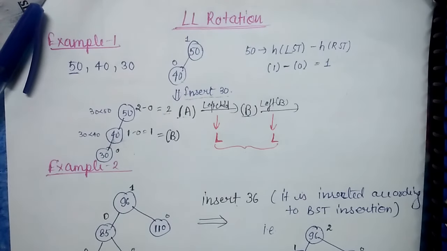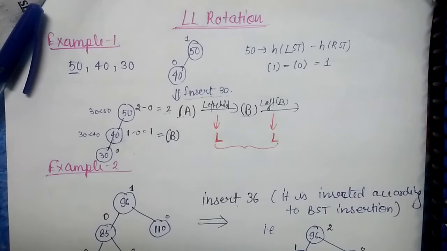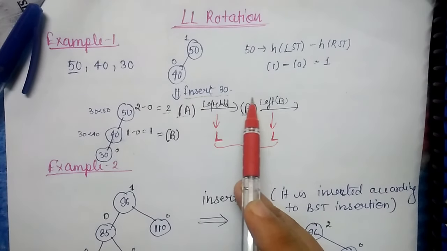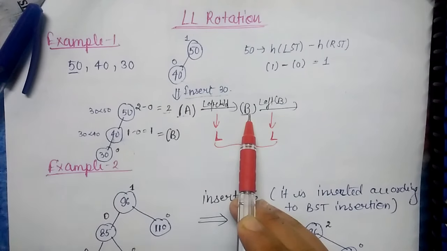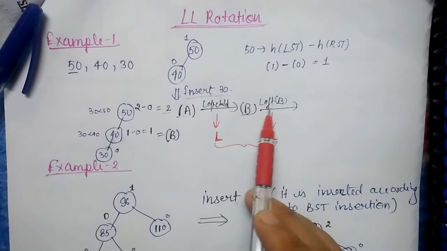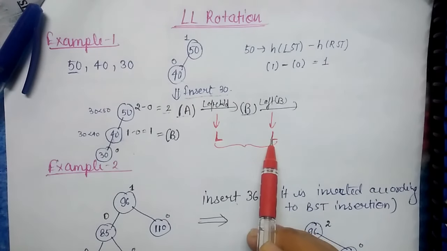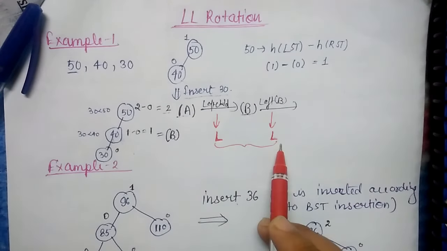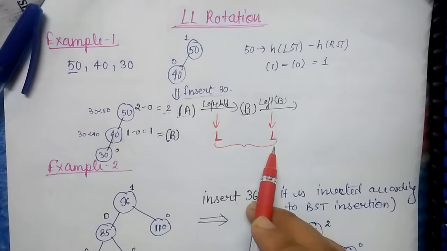The simple steps are: first find the affected node, and give it the name A. Now see whether it is in the left of A or right of A. If in the left of A, give the immediate left child the name B. Now see whether it is in the left of B or right of B. In the left of B, that means one L comes from here and one L from here, and combined they are named LL rotation.